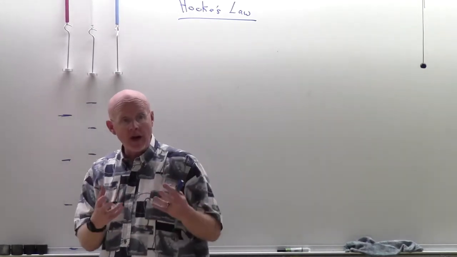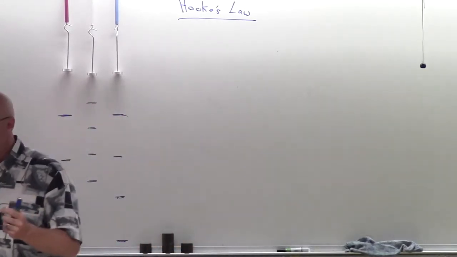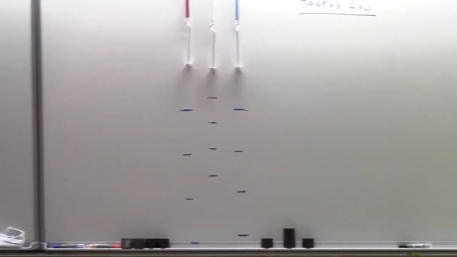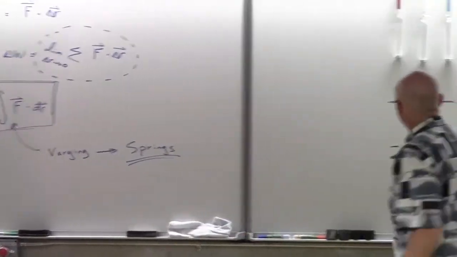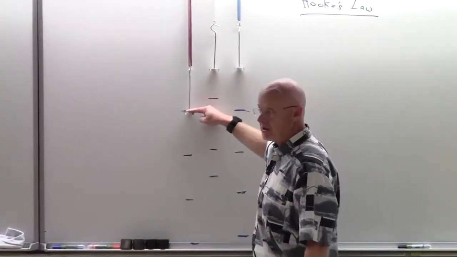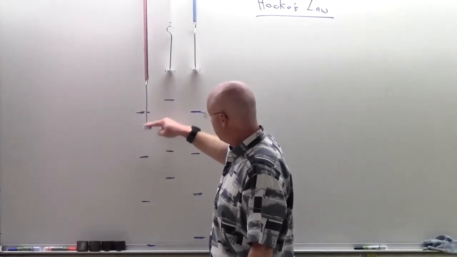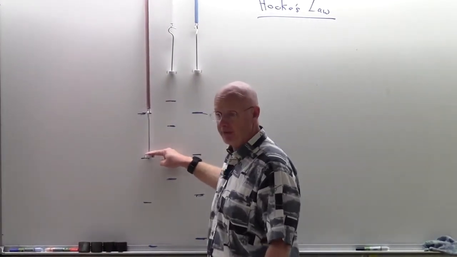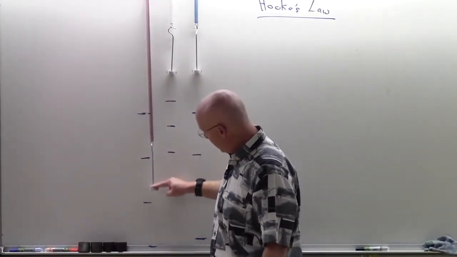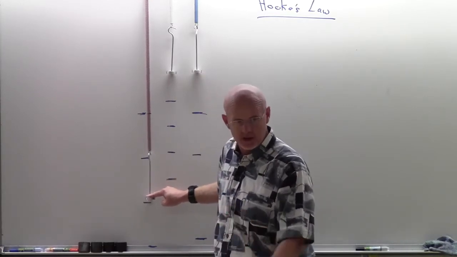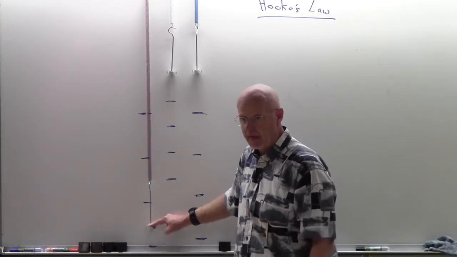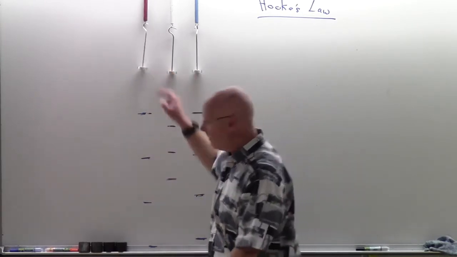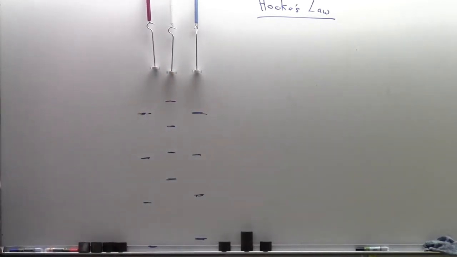And every time I put a weight on there, wasn't it in equilibrium? So wasn't the net force equal to 0? And the point I'm getting at then is that I had a force when it was here, but when it was here, wasn't there more force coming from the spring? And when it was here, there was even more force coming from the spring? And when it was down here, there was even more still? And so that's what I mean by a varying force.